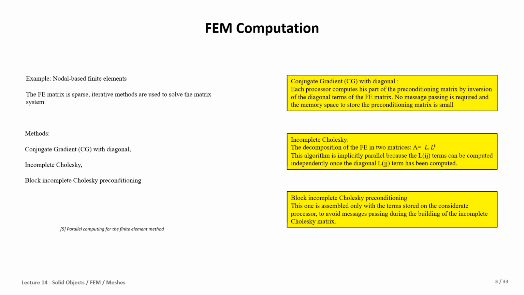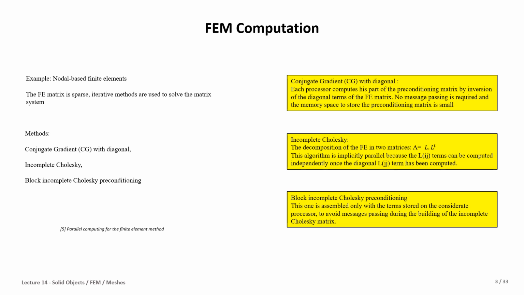The conjugate gradient with diagonal preconditioning: each processor computes its part of the preconditioning matrix by inversion of the diagonal term of the finite element matrix. No message passing is required, and the memory space to store the preconditioning matrix is small.